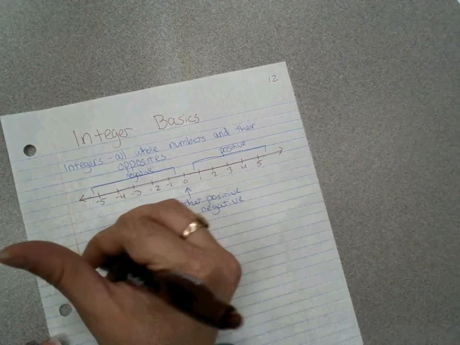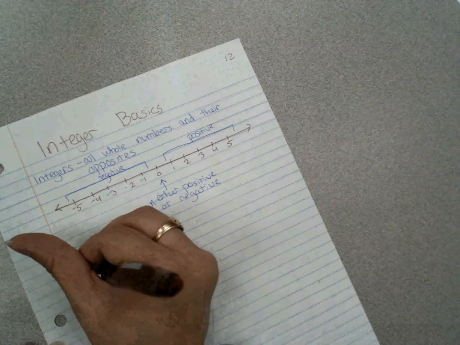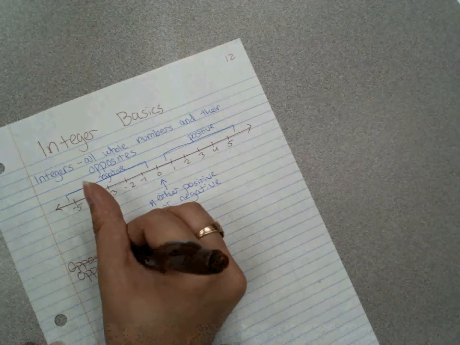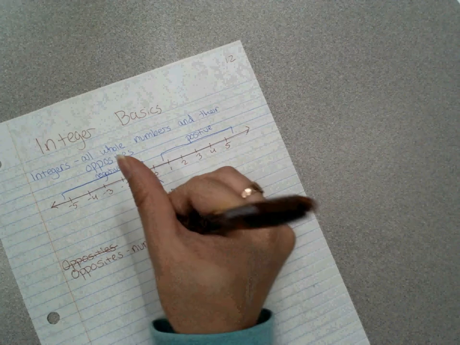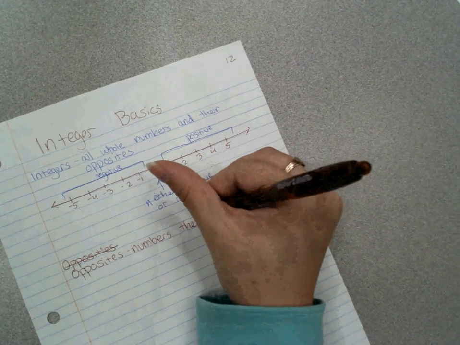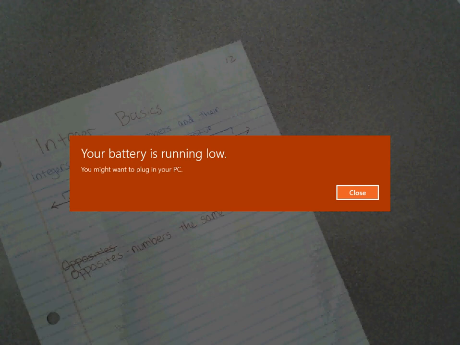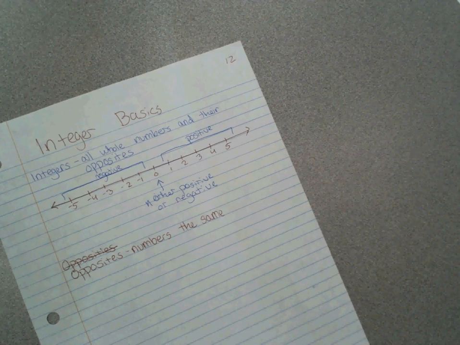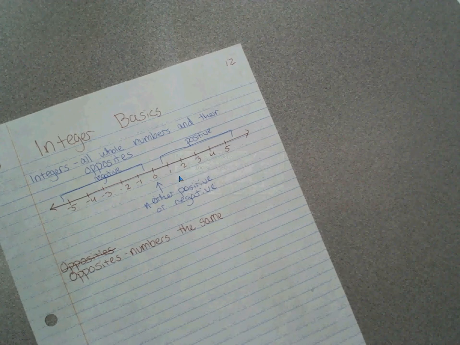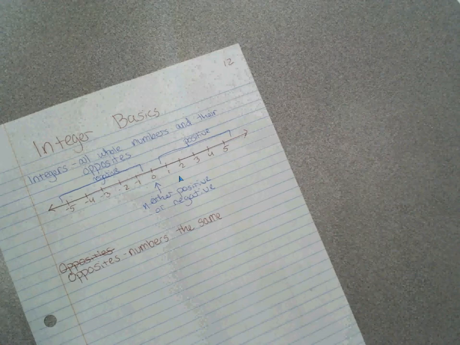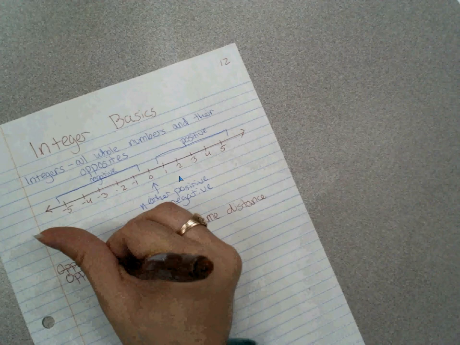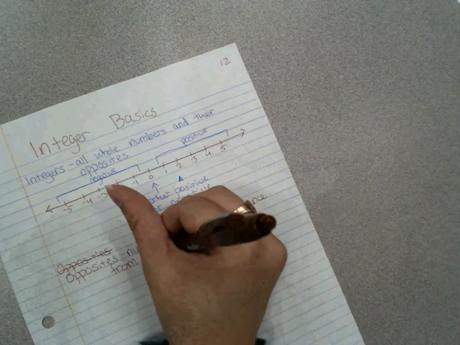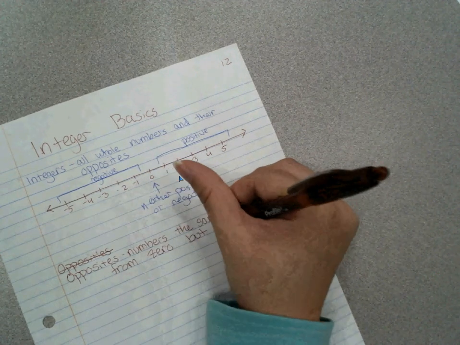Opposites, sorry, I misspelled that, opposites are numbers that are the same distance from 0, but on opposite sides of the number line.